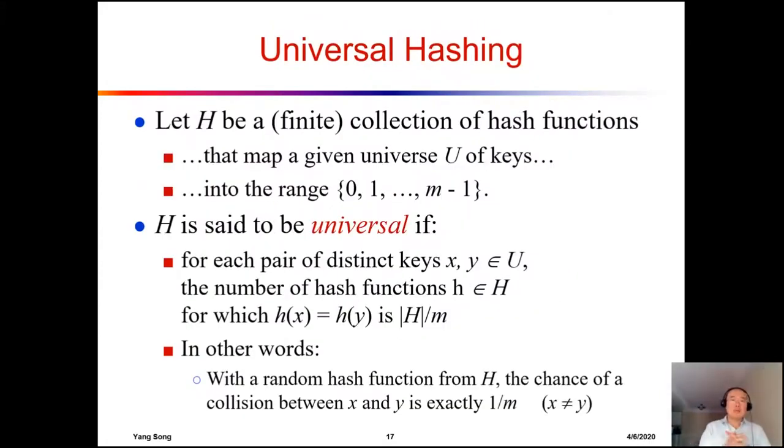Okay, so here's a formal definition of universal hashing. We define H as a finite collection of hash functions, and those hash functions, of course, map a given universe of keys, that is U, into a range of slots, from 0 to m minus 1 if there are a total of m slots in the hash table.